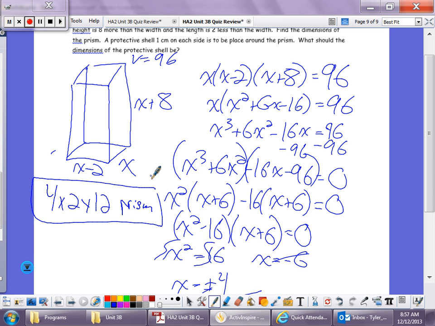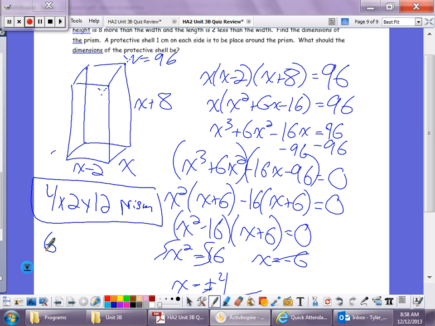Okay? The next question says a protective shell 1 centimeter long is to be placed around the prism. So if you add 1 inch to each side, that would just be like putting 1 inch here and 1 inch here. So what would the width be if I just added 1 to each side? Right, it was 4. Now it's just going to be 6.